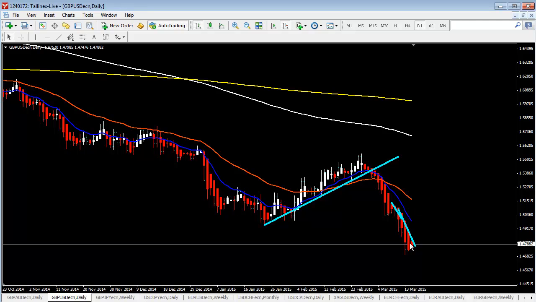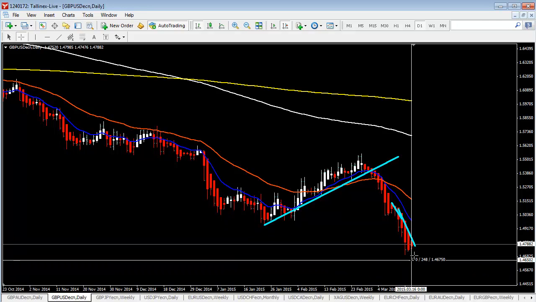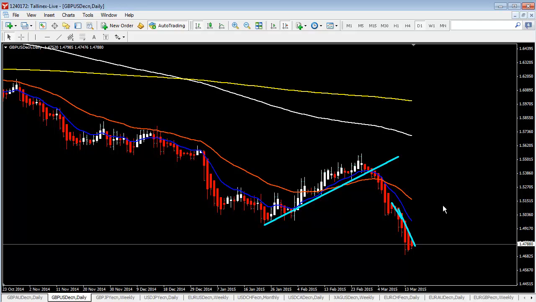You don't fight a powerful short trend. Okay, if you don't like it, then wait for the retracements and then you'll see. But if you don't see that, you just have to continue trading in the direction of the main trend.